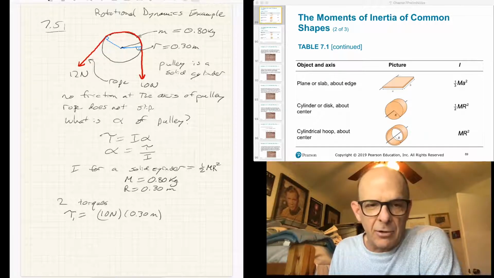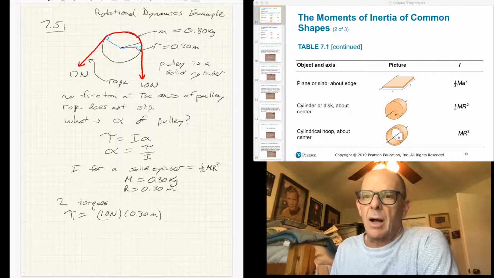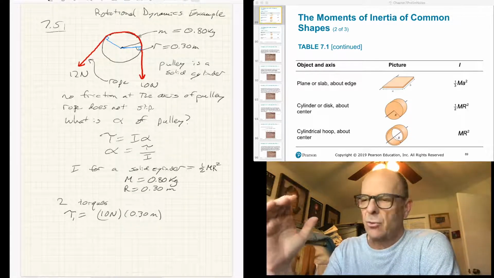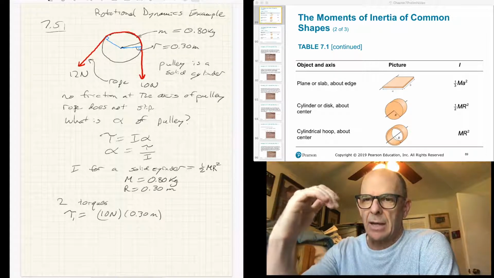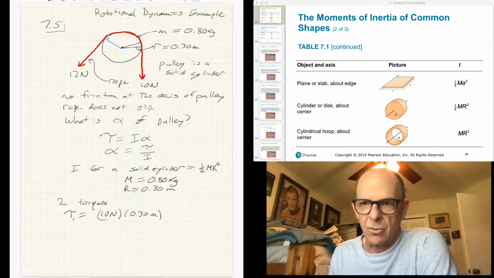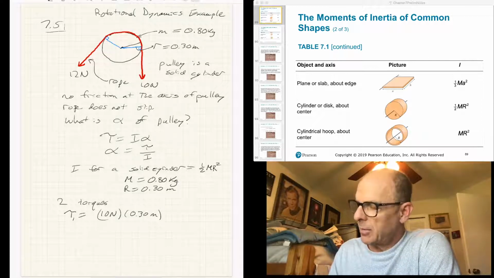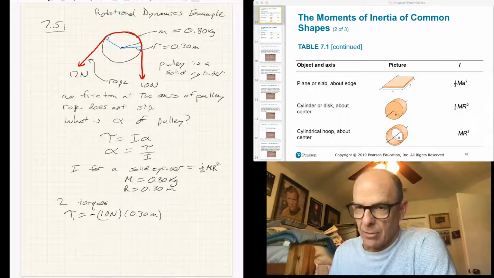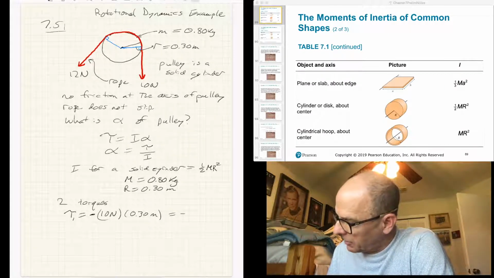And is it positive or negative? If we were in the classroom, I would say, shout it out, right? Is it positive or negative? I use the right-hand rule, and that torque, this red 10 Newton force, would be trying to make that thing rotate clockwise, which is negative. So torque 1 is negative, and it's minus 3 Newton meters.